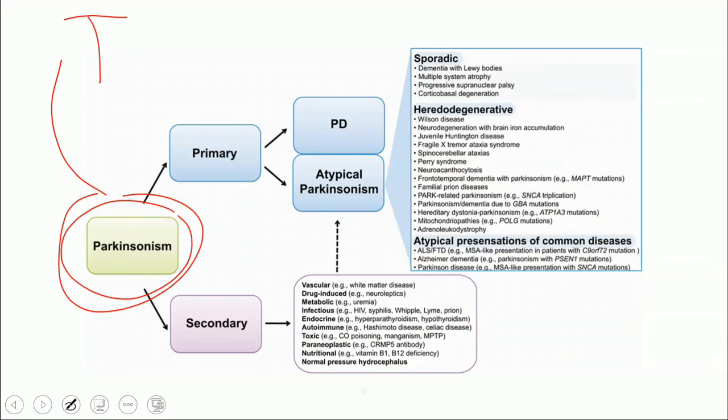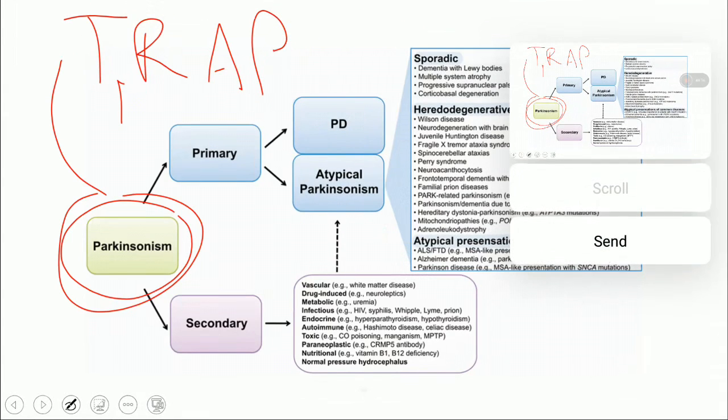The tremor is a resting tremor, and we talk about this a little bit more in MCQs. Rigidity, akinesia, and postural instability. Tremor, rigidity, akinesia, and postural instability. That is the syndrome of Parkinsonism.